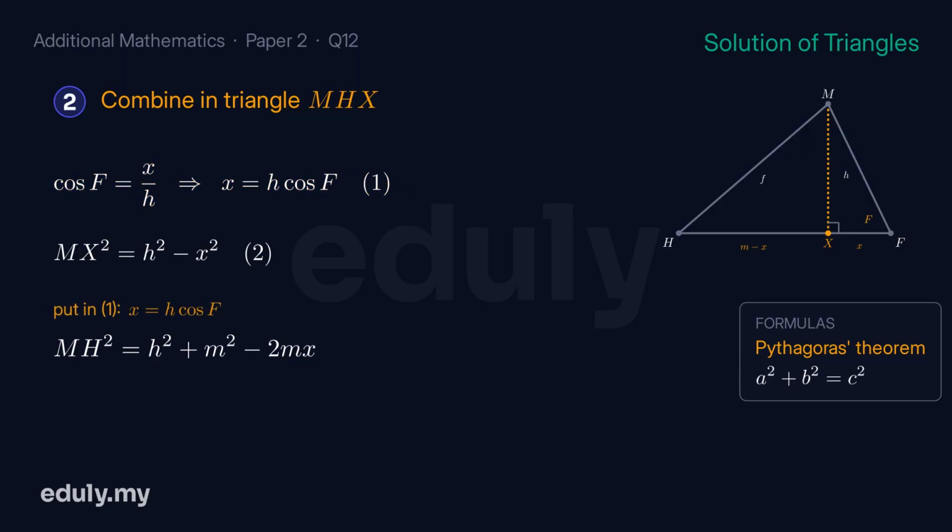Finally, replace x with h cosine F from equation 1. And there it is, the cosine rule. With the side names, that is M, H squared equals M, F squared plus H, F squared minus twice M, F times H, F times the cosine of the angle at F.